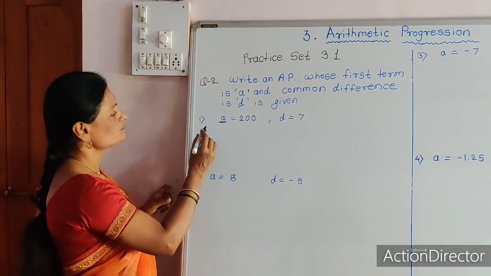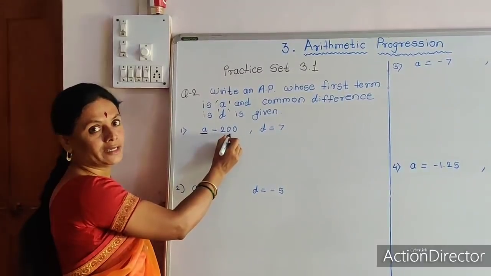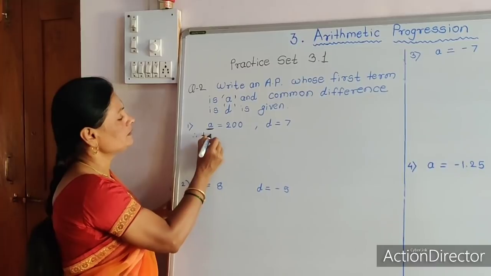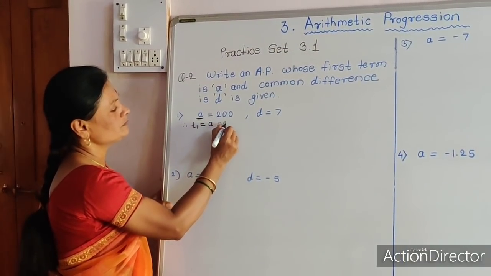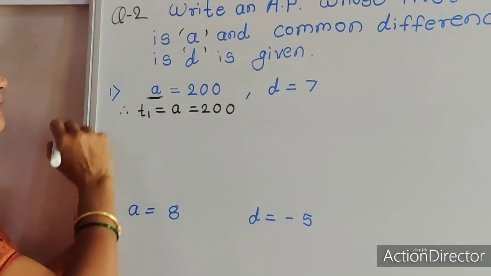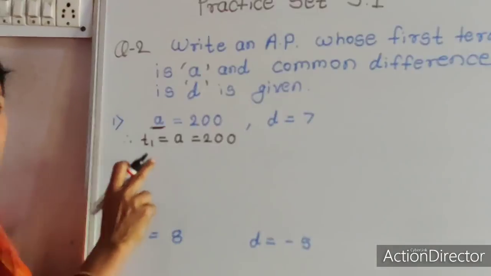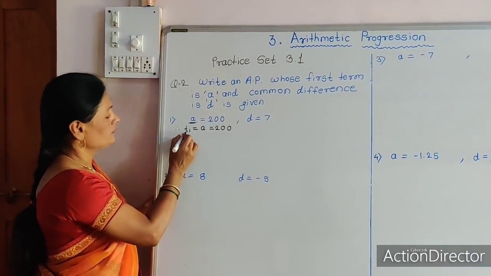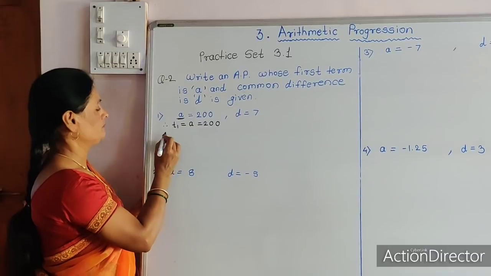Look here. A is equal to 200. A is the first term. Therefore, T1 is equal to A, which is equal to 200.